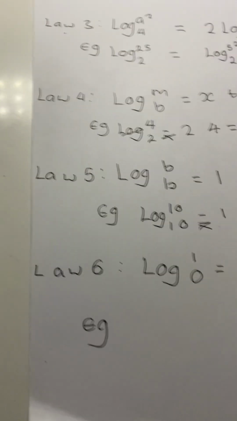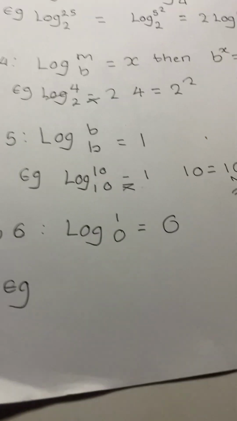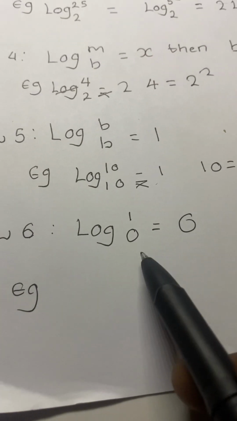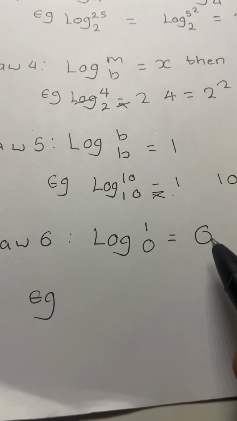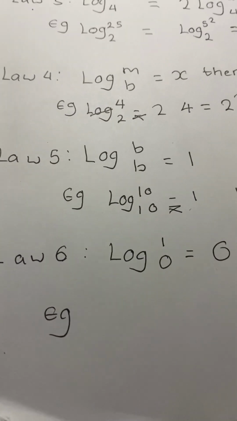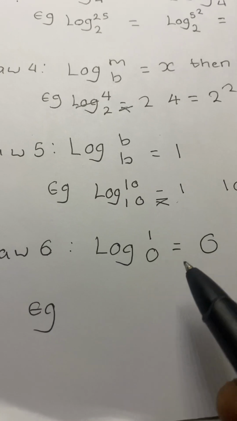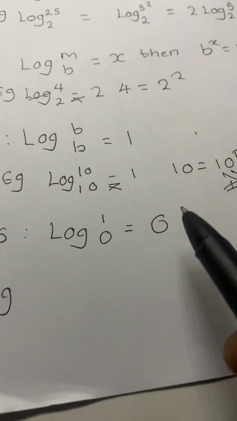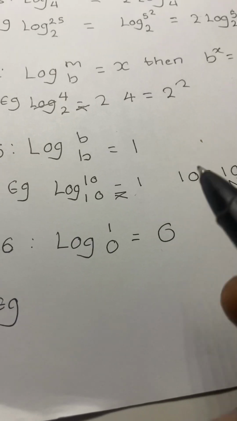And my final law states that assuming log 1, the answer is 0. That means the power is 0, because that states that any base, as long as the power is 0, gives 1.